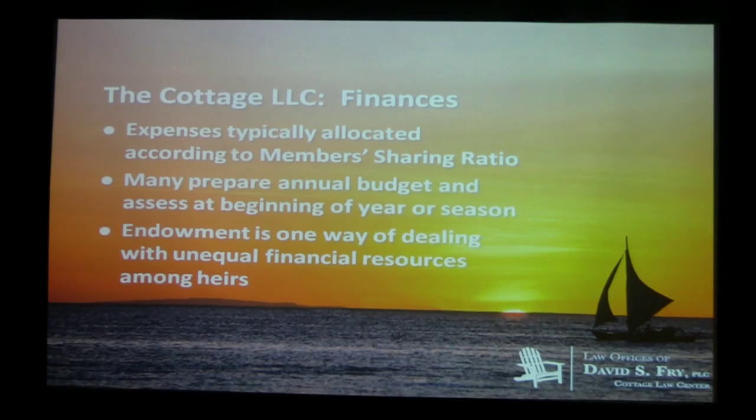Where things get a little more difficult to sort out is where somebody wants to maintain ownership but not pay any expenses. Well, it shouldn't come as a surprise that there's only a limited number of other places you can go to get those expenses covered. They're the other siblings. And if somebody has an ownership interest but doesn't come, that's their choice.